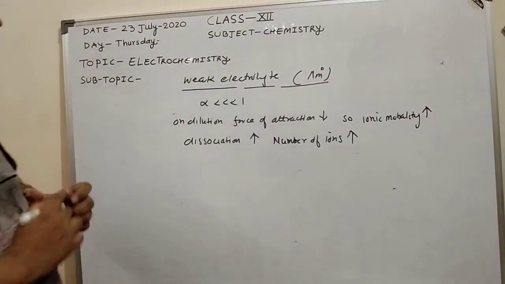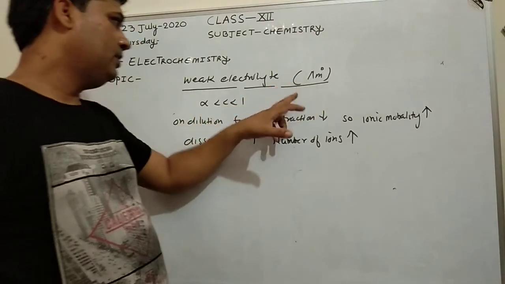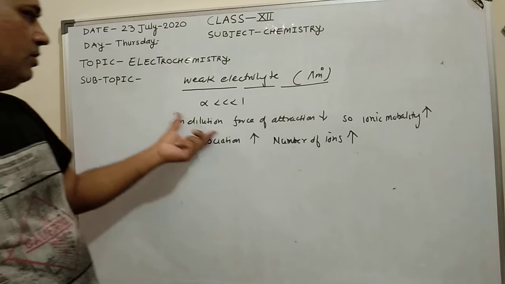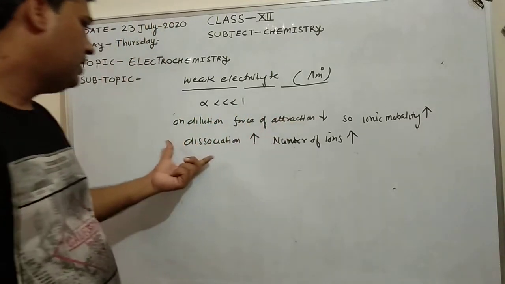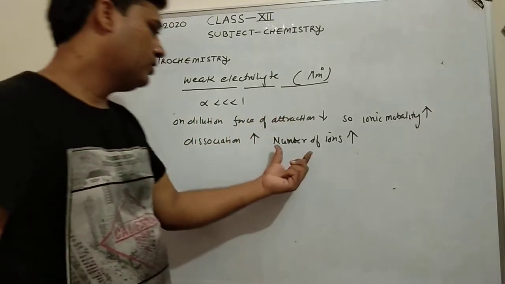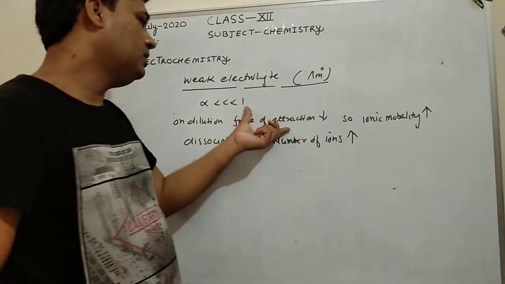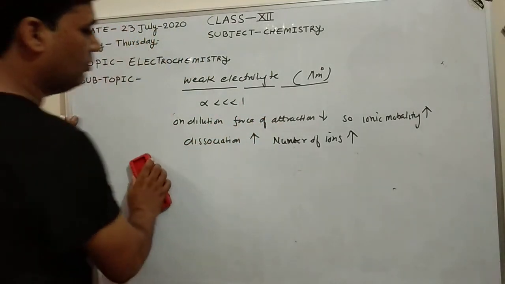So in case of weak electrolyte, lambda m naught depends on two factors, that is force of attraction and dissociation. So the number of ions increases and force of attraction decreases on dilution.